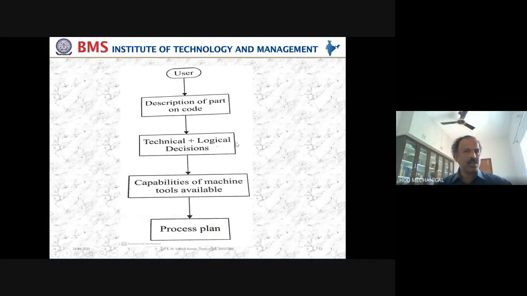We store this knowledge base, that is nothing but the successful process planners' decisions, how they took the decisions. Then, by understanding the capabilities of the machine tools available, we make the decision and write the process plan. That's about the generative type.